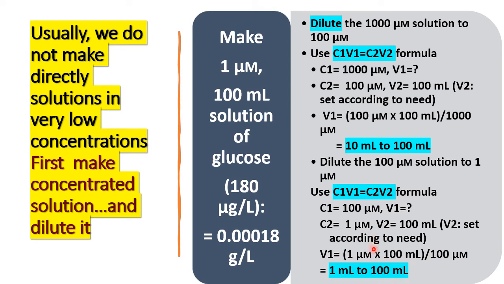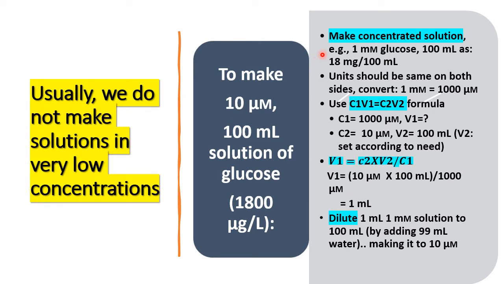So if you dilute 1 milliliter of this 100 micromolar solution to 100 ml, it becomes 1 micromolar, and this 1 milliliter is quite reasonable compared to 0.1 ml, which was a very low volume and could have some errors.